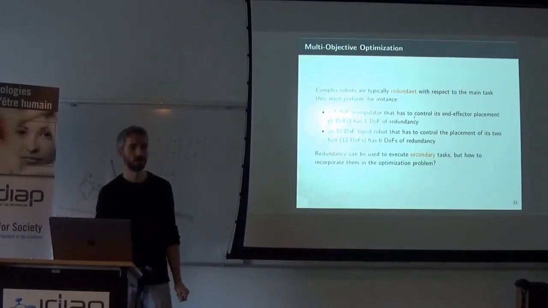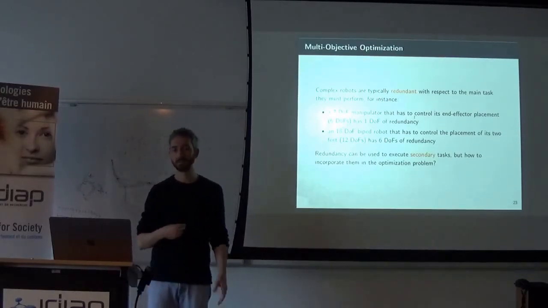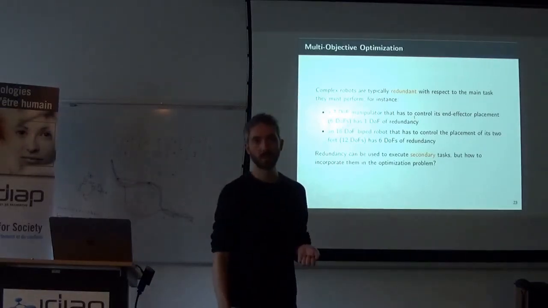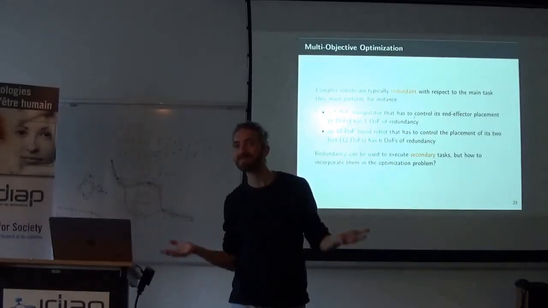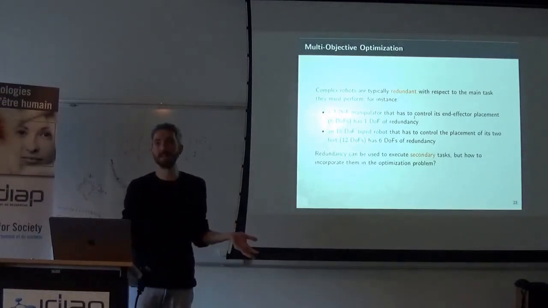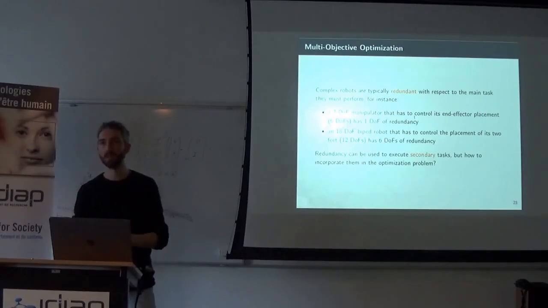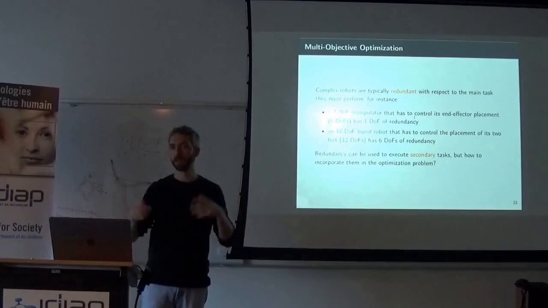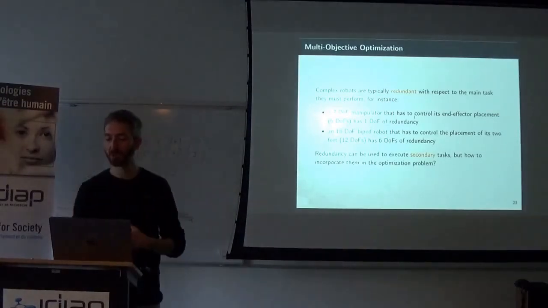Or in the case of the humanoids, sure, you want to control the center of mass, and if you're walking, you want also to control the placement of the feet, but maybe at the same time you would like the robot to look at your arm. And that's not as important as keeping the balance, but if possible, why not do a secondary task? Or maybe you would like the robot to do something with the hands while it's walking. You can use your imagination.